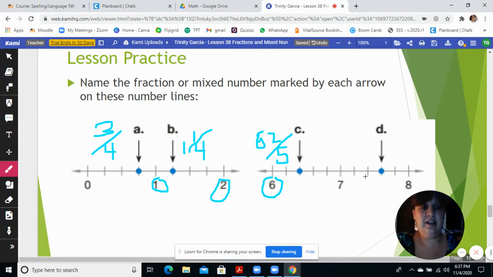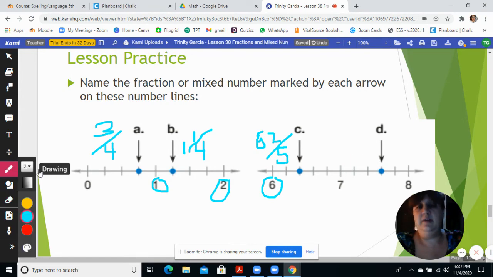All right, and our last one, we can see that our blue dot did not get all the way to the 8. So we're going to go with 7 as our whole number, but we need to figure out the rest of our mixed number, which is a fraction.